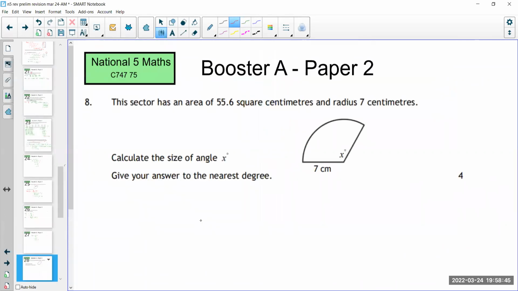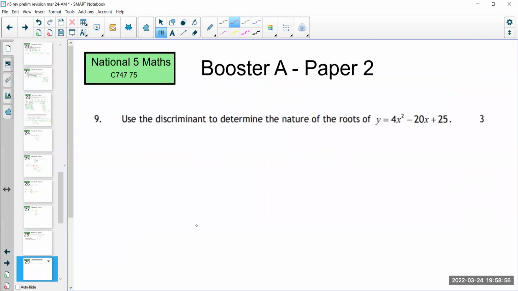Here I've got an area, or area, you won't get sector area. So we can move on to the next one. The next one is use the discriminant to determine the nature. Again, you won't get a question like this. So the discriminant, remember, is b squared minus 4ac. That's what the discriminant is, where you've got a here, b here, and c.